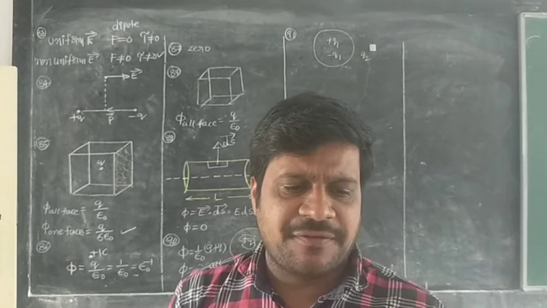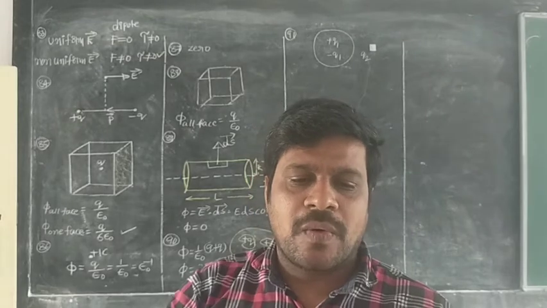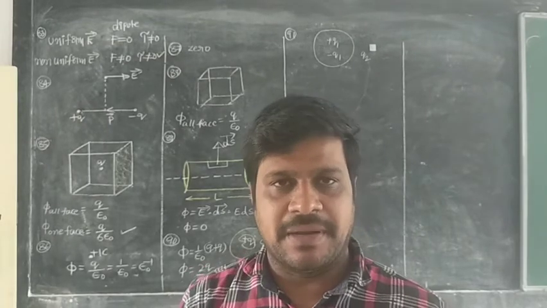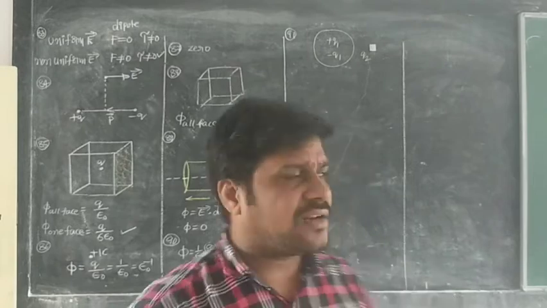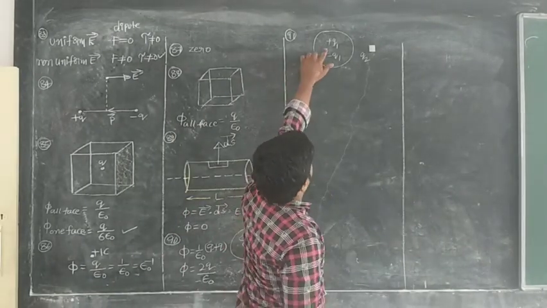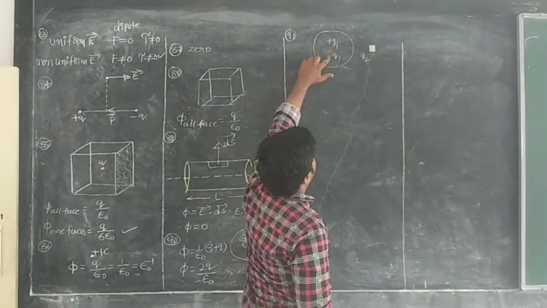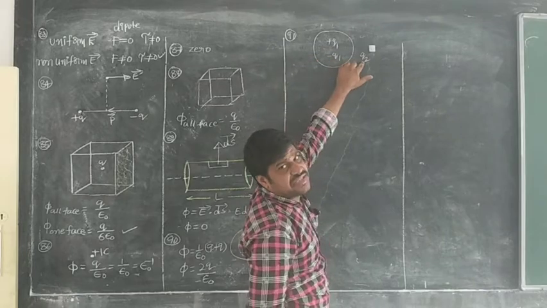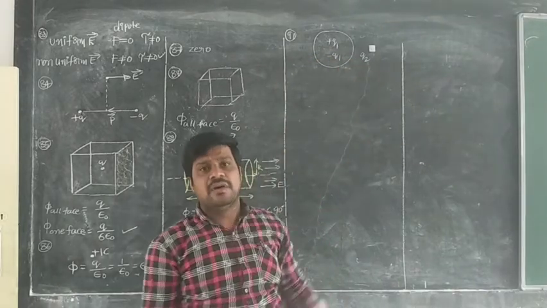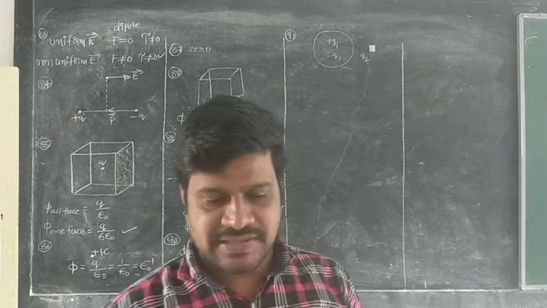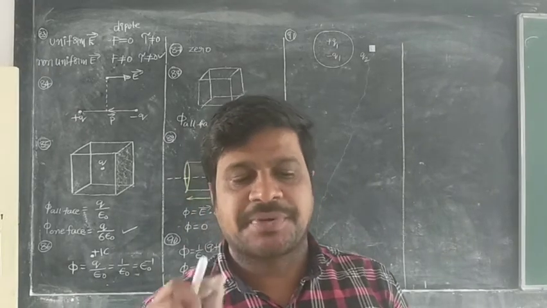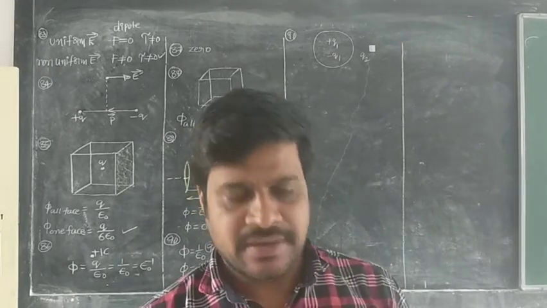When calculating the flux of electric field over a spherical surface, the electric flux is due to plus q1 and minus q1, but q2 is outside. So the option which is there? Option D is the correct answer for 91.